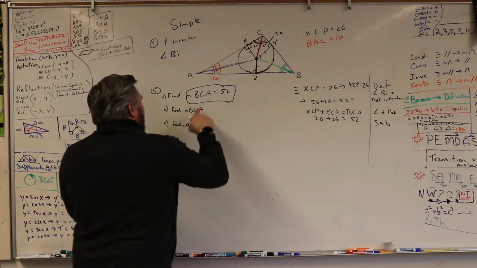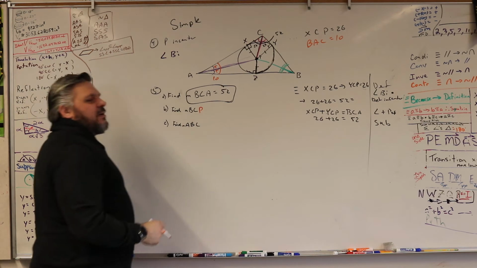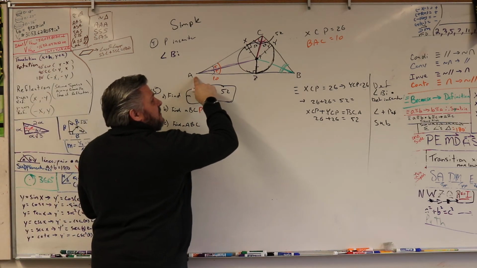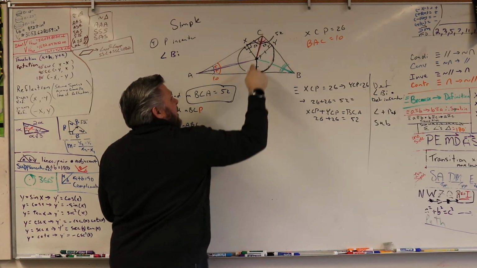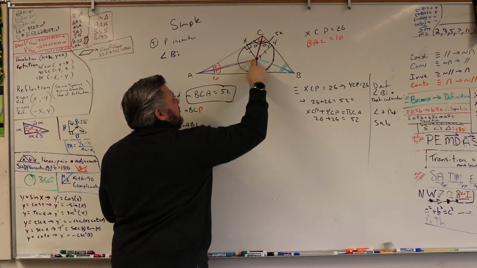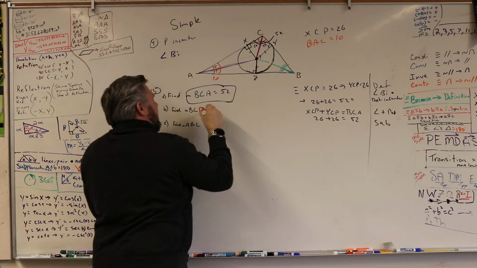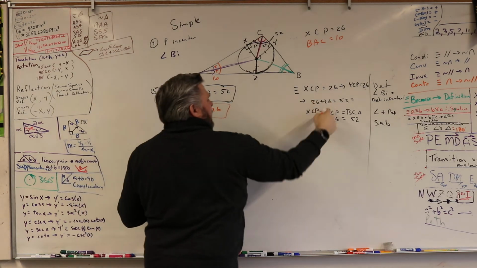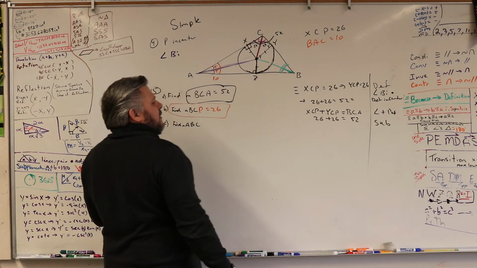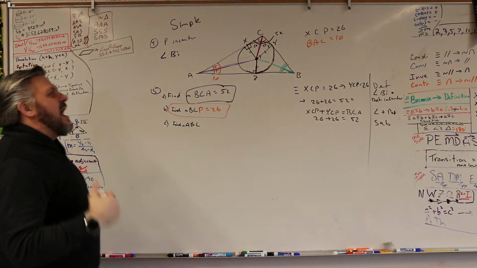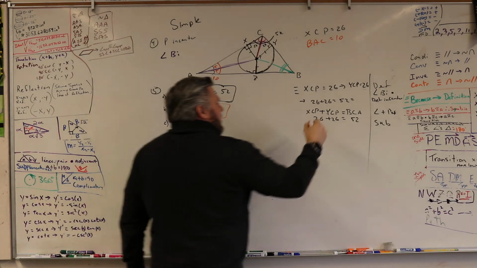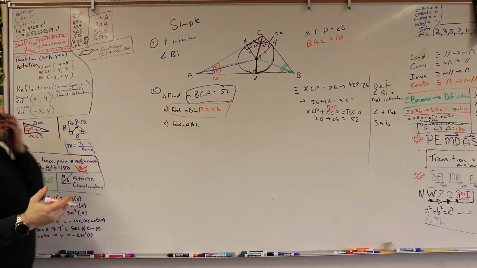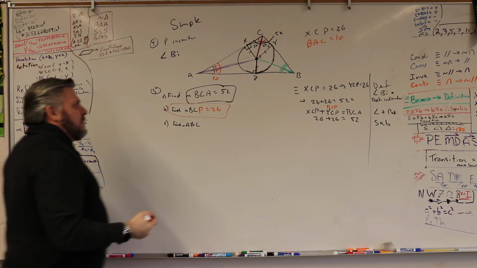BCP. There we go. BCP says 26. We already found that out up there. We called it YCP, right? But that's the same as BCP, correct? Yeah, so those are equal, okay?